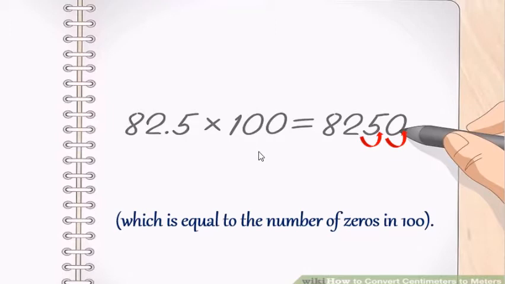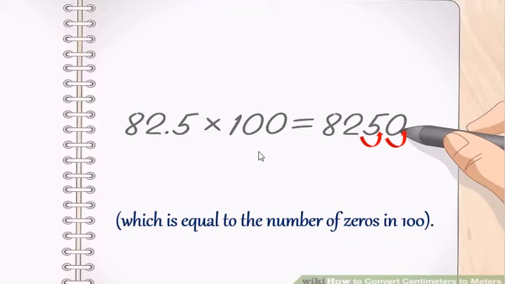As when dividing by factors of 10, the number of spaces you slide the decimal point equals the number of zeros in the factor of 10. This time though, you slide the decimal right instead of left.